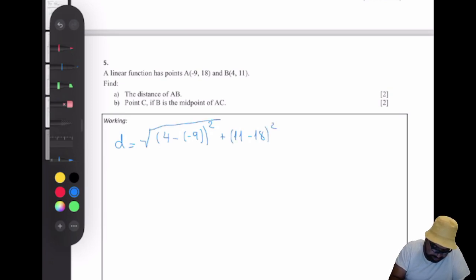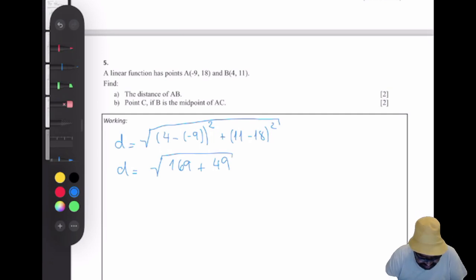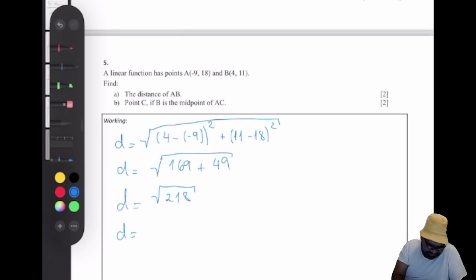Solving this, the distance will be the square root of 169 plus 49. Adding up those two numbers, you will get 218. Then just do the square root of 218, which is about 14.76.